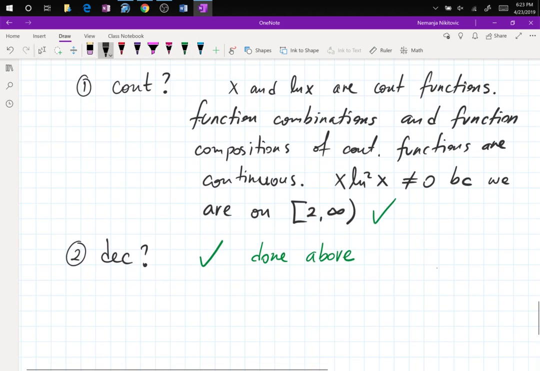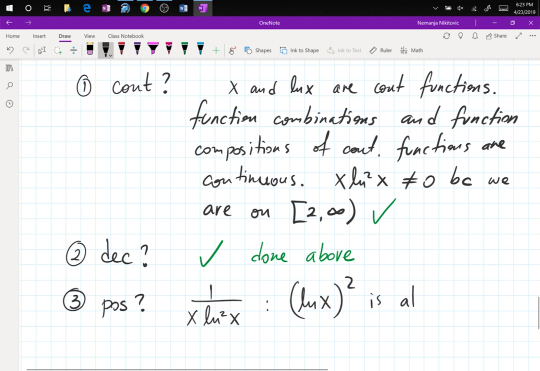Third condition for integral test is very good. Is it positive? Well, you argue the following way. ln x, everything squared, is always positive because the answers for the square are always positive, right? x is always positive. Why?